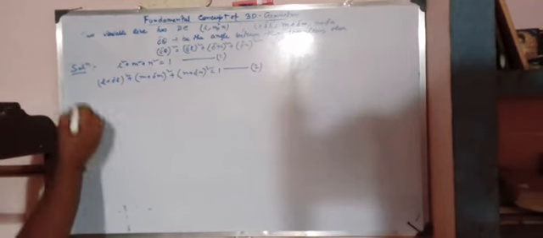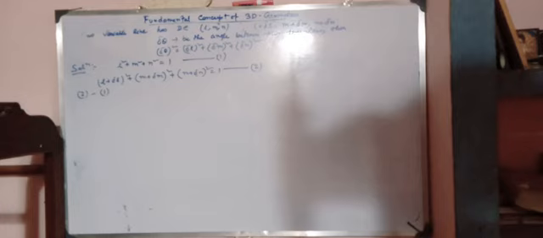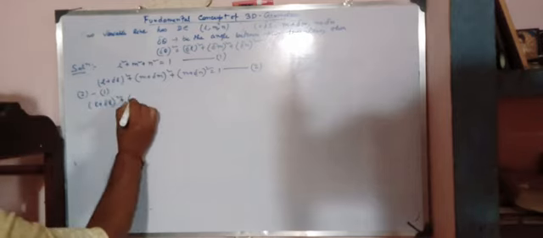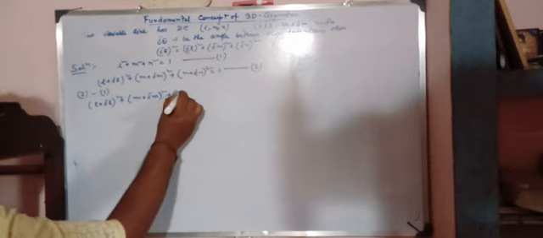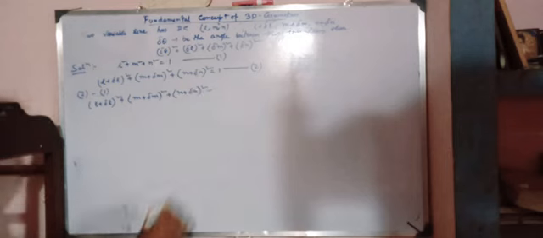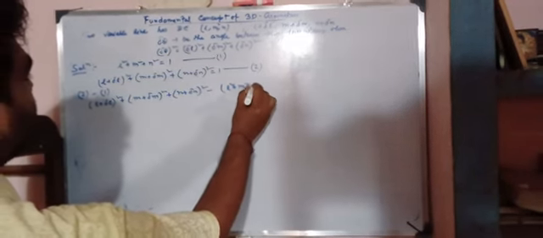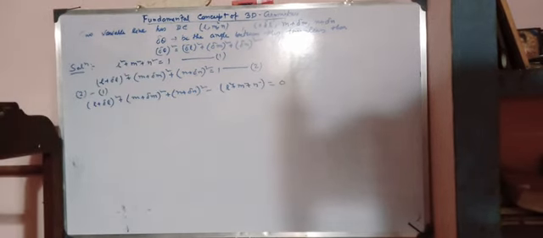Now by taking 2 minus 1, we get l plus delta l square plus m plus delta m square plus n plus delta n square minus l square plus m square plus n square is equal to 0.